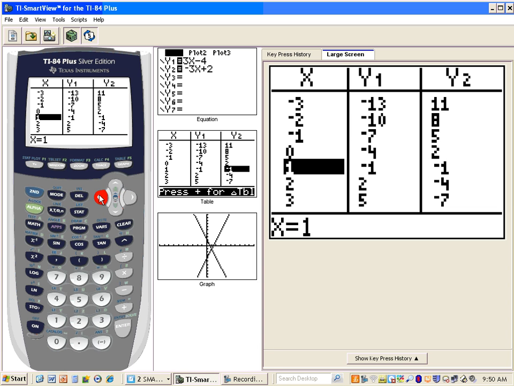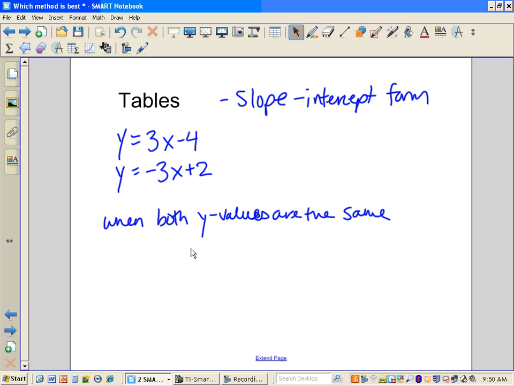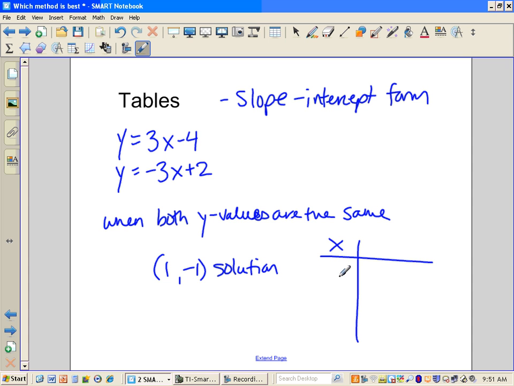So 1, negative 1 is going to be our solution. So if I go back to this, 1, negative 1 is the solution. Okay, because it looked like in the table we had x was 1, and y1 was negative 1, and y2 was also negative 1. So that's how we knew it was the solution, because the y values were the same.